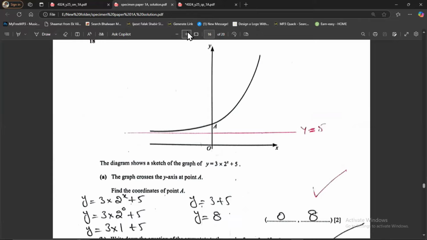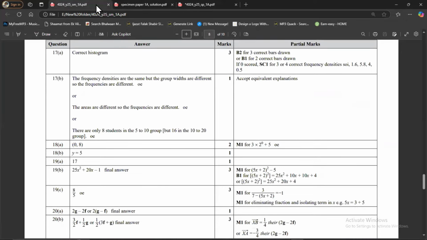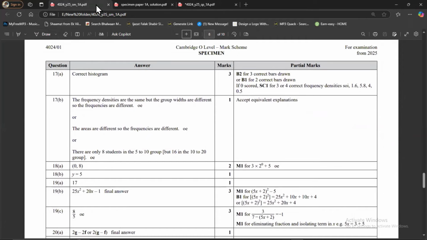So y is equal to 3 into 2 raised to power 0 plus 5. So that is y is equal to 3 multiplied by 1, since 2 raised to power 0 is 1. So 3 into 1 plus 5. So that is 3 plus 5. That is 8. So the coordinates of the point A are 0, 8. I hope you understand. It's 0, 8.